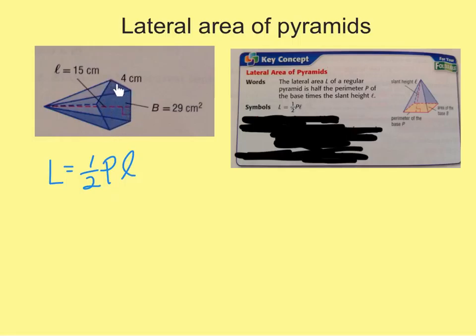All the figures today that you're going to be working with are regular polygons, so the base is going to be the same length on all sides. So we see this is 4 centimeters, and it's a pentagon, so it's going to be 5 groups of 4 centimeters. And I can see that my slant height right here is 15 centimeters, so I plug that in.